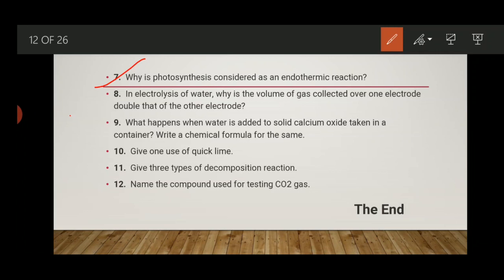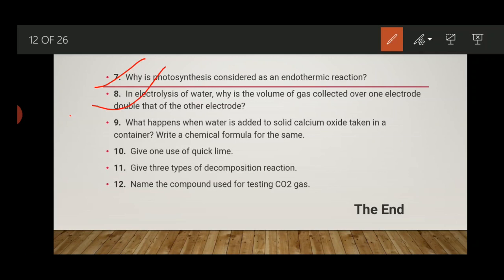Eighth question is, in the electrolysis of water, why is the volume of gas collected over one electrode double that of the other electrode? That we already discussed during the electrolysis of water. See, at the time of formation of a water molecule, two atoms of hydrogen and one atom of oxygen are involved, so they always combine in a 2:1 ratio.